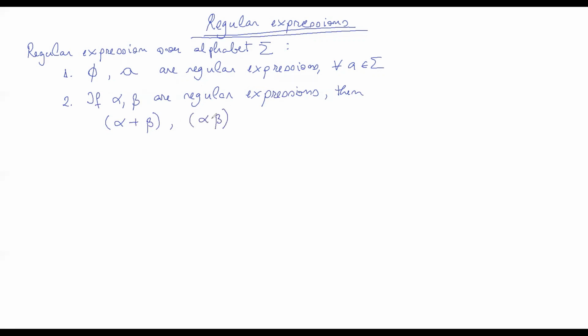You should think about them as being a dot here, but very often we omit that dot. So maybe I'm going to put it down here, but very often we omit that. And alpha star are also regular expressions.